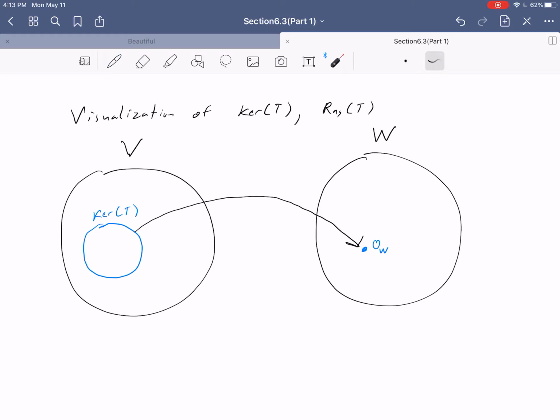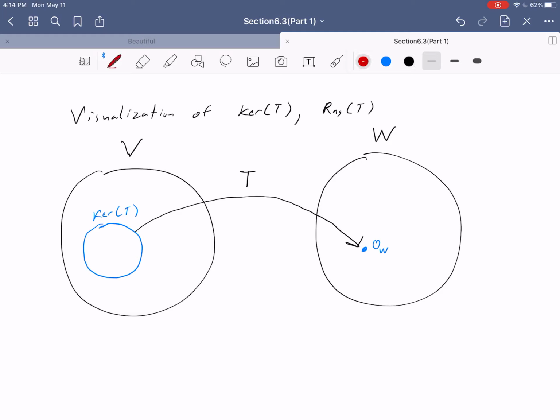So in other words, our transformation, this black arrow that I'm extending here, this is our transformation. And we're saying that the kernel is this entire subspace of vectors that gets smashed under this transformation into the single zero vector in the codomain. Okay, now let's talk about what the range is.